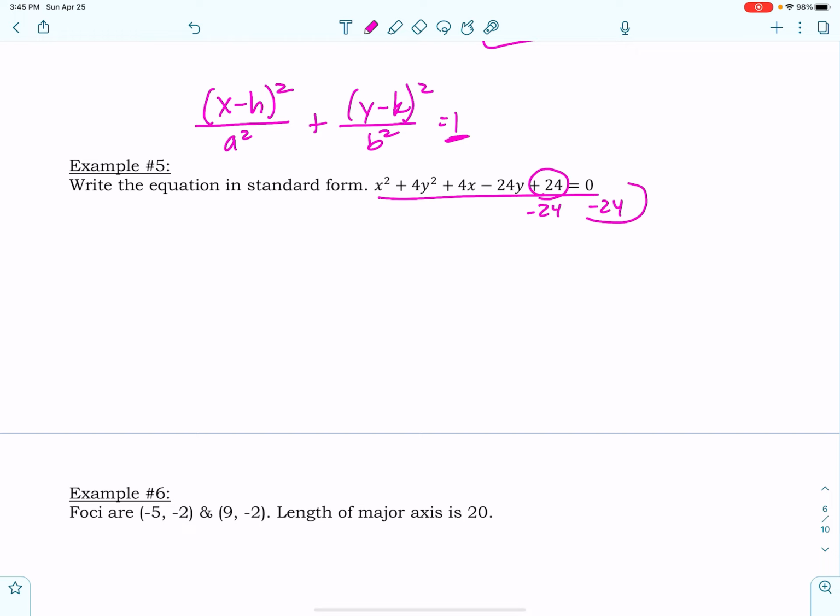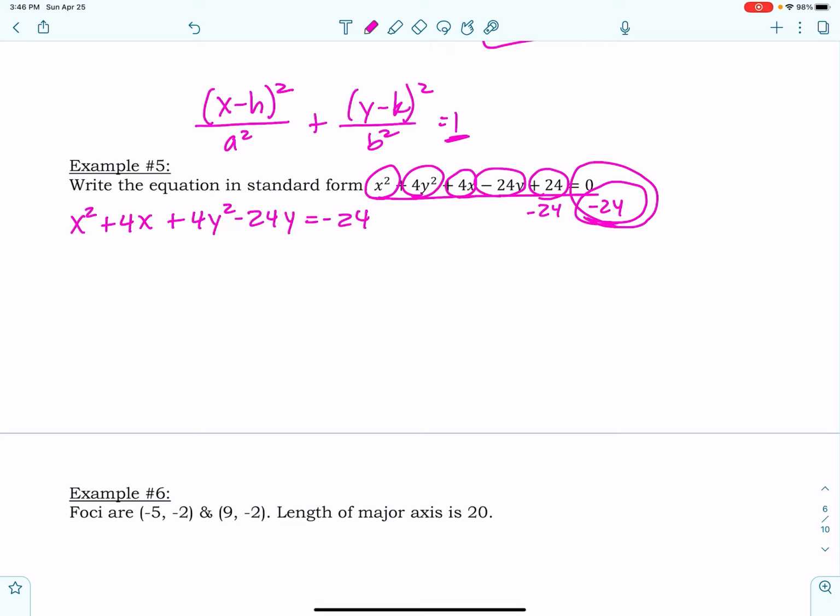So I've got x squared plus 4x plus 4y squared minus 24y equals -24 because the constant gets moved over. Okay, so from there, what do we need to do? Well, obviously, these are not written this way because we don't have any fractions. We don't have a binomial squared for x and for y. That means that we're going to need to rearrange some things.